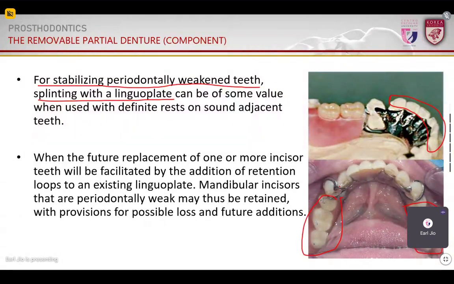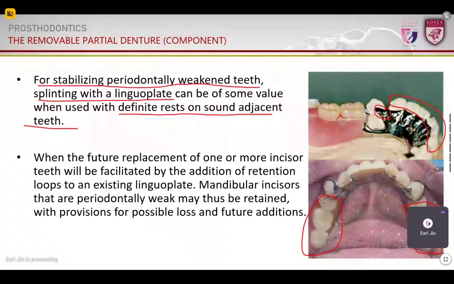in that way, it is better to put a lingual plate all around our remaining anterior natural teeth. Okay. And also, there should be a definite rest on sound adjacent teeth. So we call it a terminal rest.